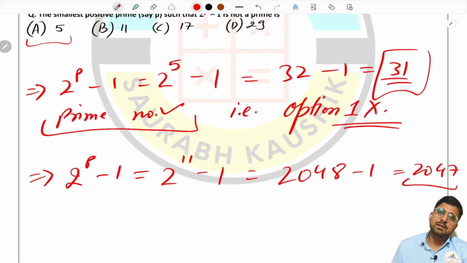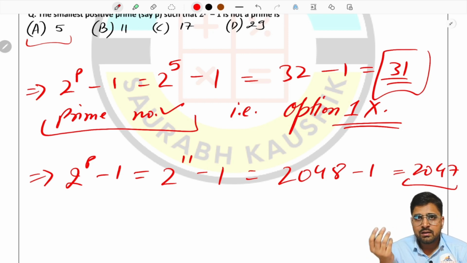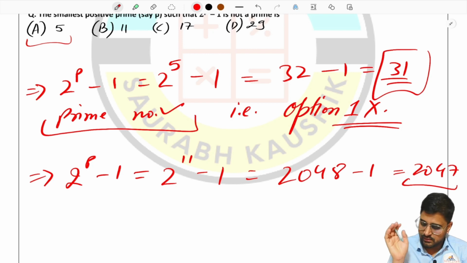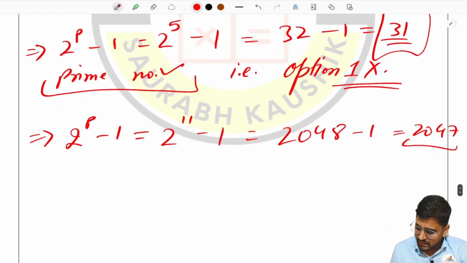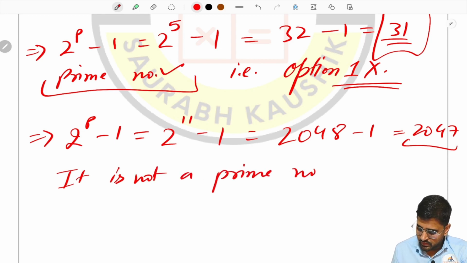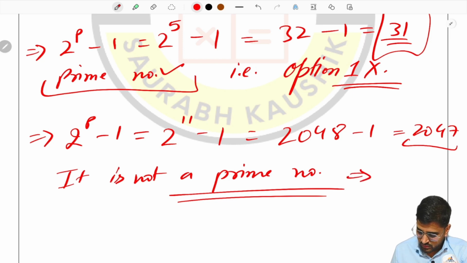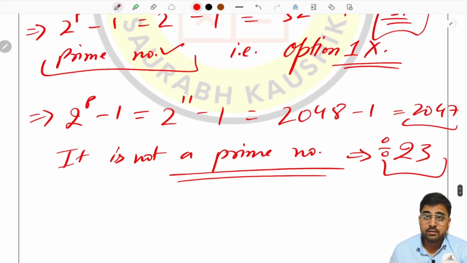Now the question is, is it divisible by anyone or is it a prime number? It is not a prime number. This number is divisible by 23. Yes, 23. Divisible by 23. So this is your answer.